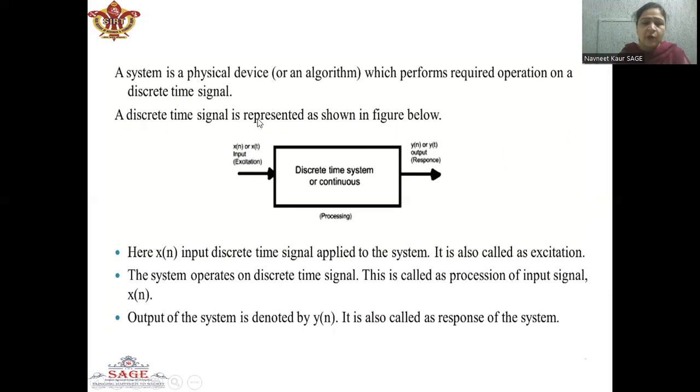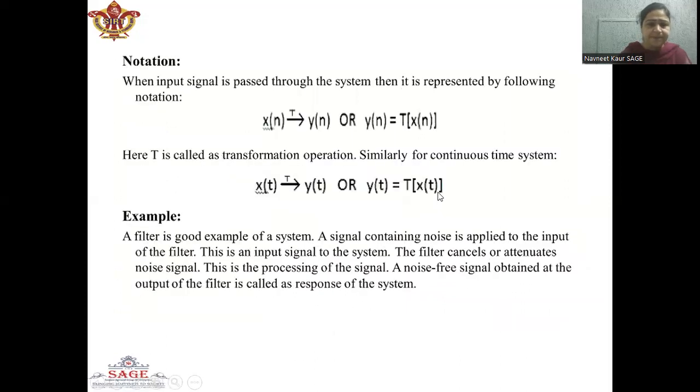When this input is given to the system, the output generated is also known as the response. The output is denoted by y[n] in the case of a discrete time system, or y(t) when it is a continuous time system.